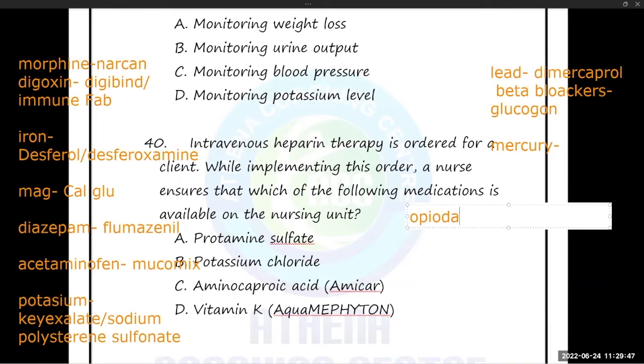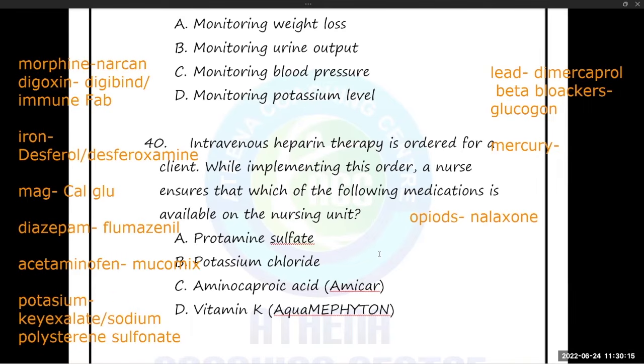Narcan, yes, it's naloxone or Narcan. And anything else? Anticholinergic kind of medication. Atropine. Yes, the antidote for anticholinergic is atropine. Okay.